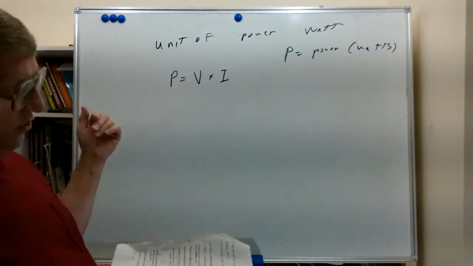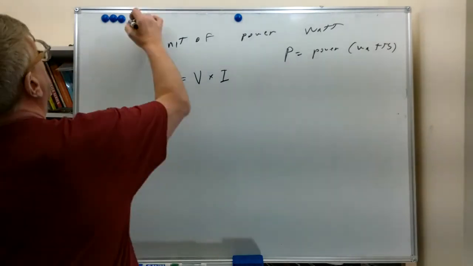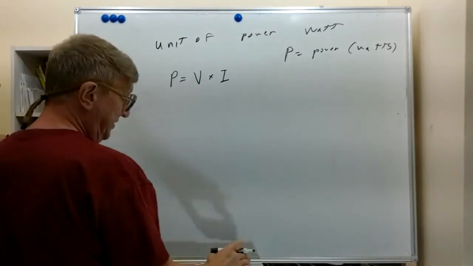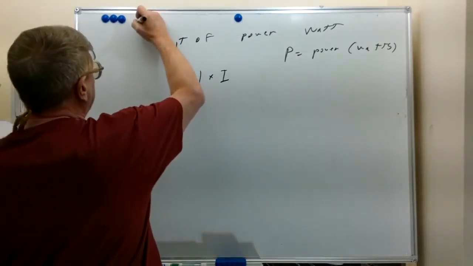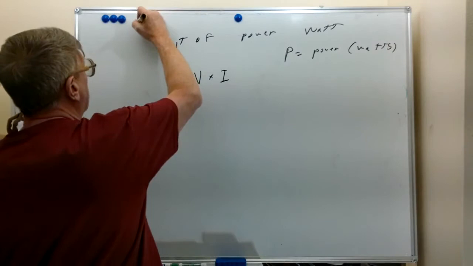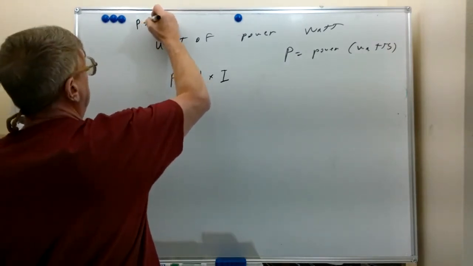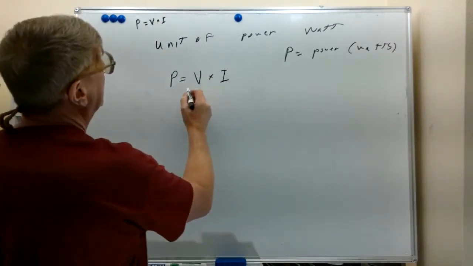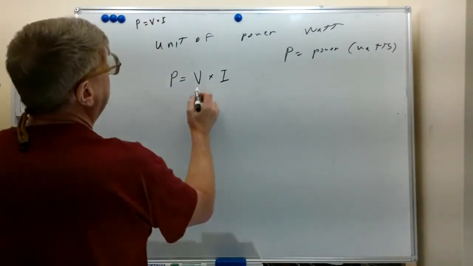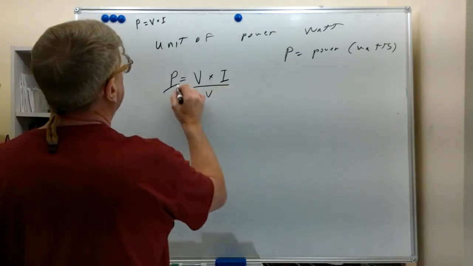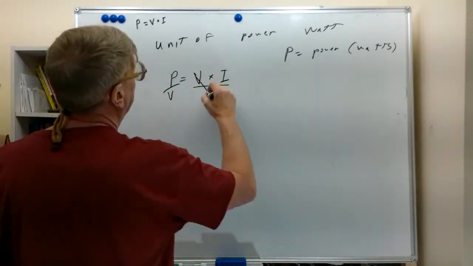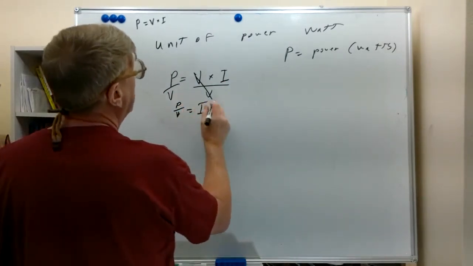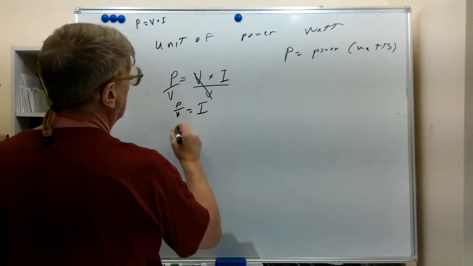Now this formula can be transposed too. Let me put that right here. Power, just like we did the other Ohm's law thing, we can take this power formula. If we want to solve for current, we divide both sides by V. The V's cancel, so we have P over V equals I, or we can change the order of the equation, it doesn't matter.